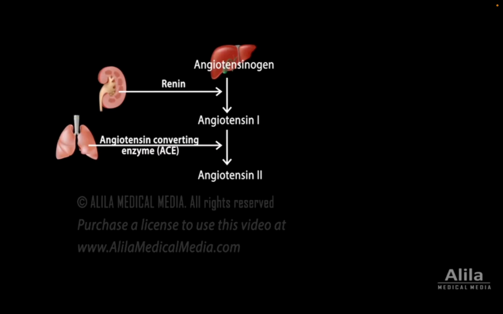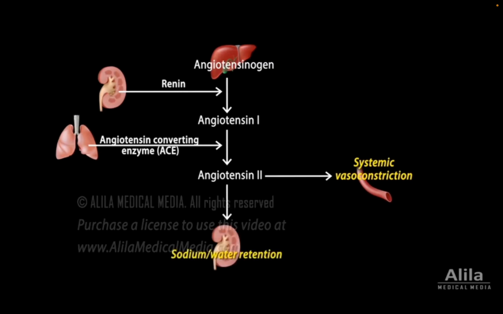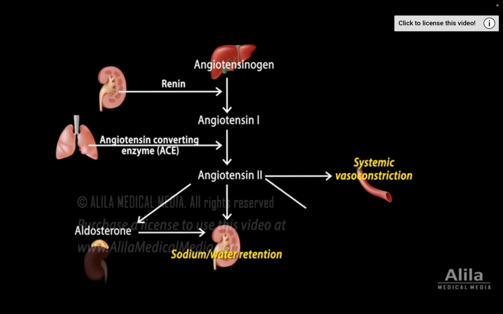Angiotensin 2 is a hormone. It binds to angiotensin 2 receptors in tissues to exert various effects. It stimulates vasoconstriction in systemic arterioles. It promotes sodium reabsorption in proximal convoluted tubules of the kidneys. It induces the release of aldosterone from the adrenal cortex. Aldosterone promotes sodium and water retention in the kidneys. In the central nervous system, angiotensin 2 has several effects.